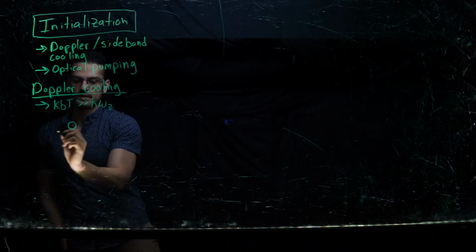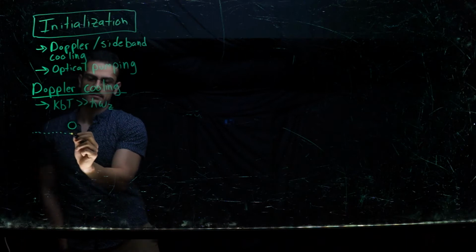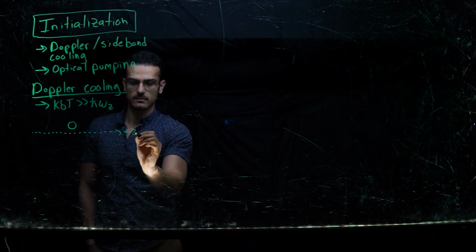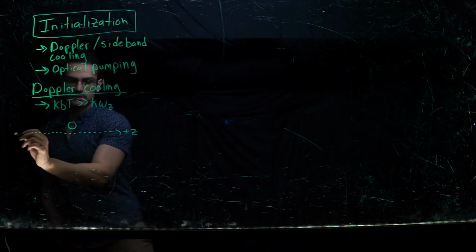So if we have our ion, and let's just consider it, again, moving in one axis, the positive Z axis.